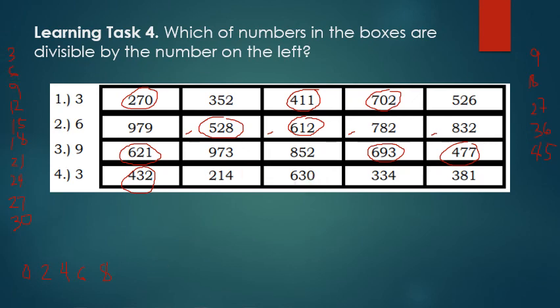So, ayun. So, siya ay divisible sa 3. The next, 3 plus 3 is 6 plus 4 is 10. So, wala po siya dyan. Next, 3 plus 8 is 11 plus 1 is 12. So, ayun. So, siya ay divisible din sa 3.